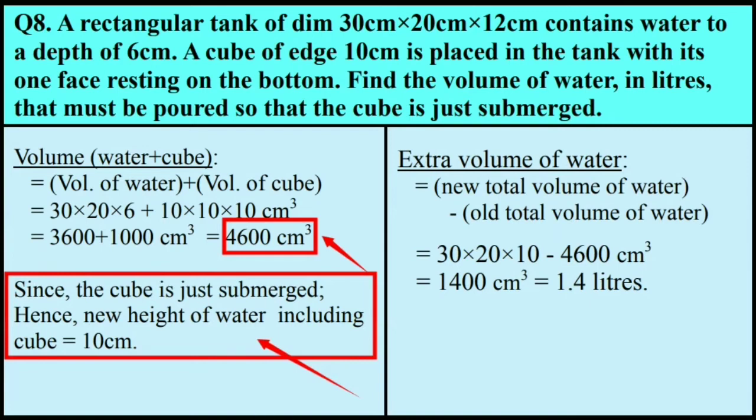Since the cube is just submerged when extra water is added to that, hence the new height of water level is equal to the height of the cube, and that is 10 centimeter. It means when extra water is added to the tank so that the cube just gets submerged, then altogether the height is 10 centimeter.